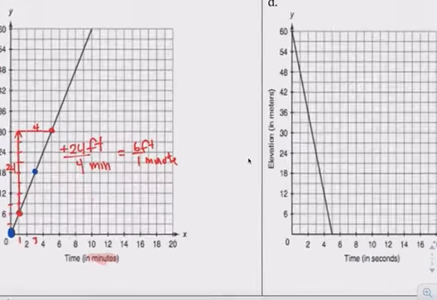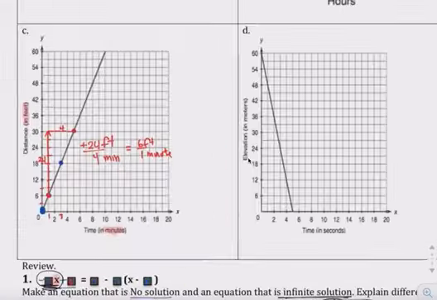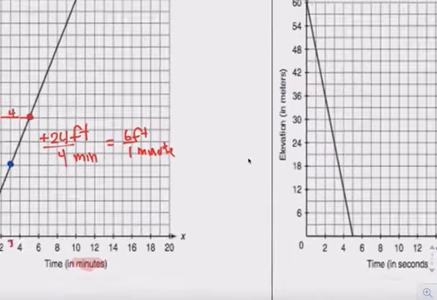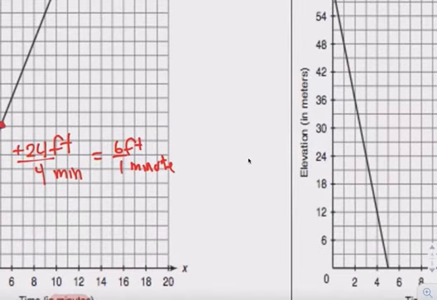So, interpret what it means. 24 feet for every 4 minutes.